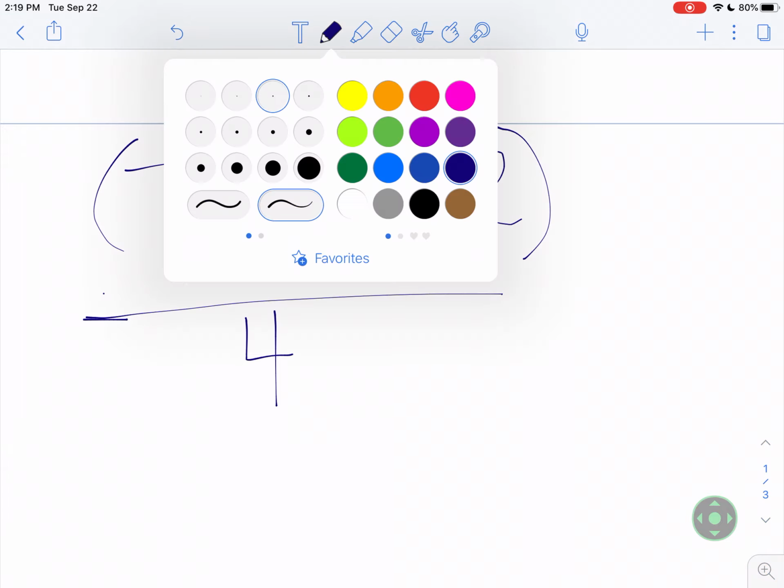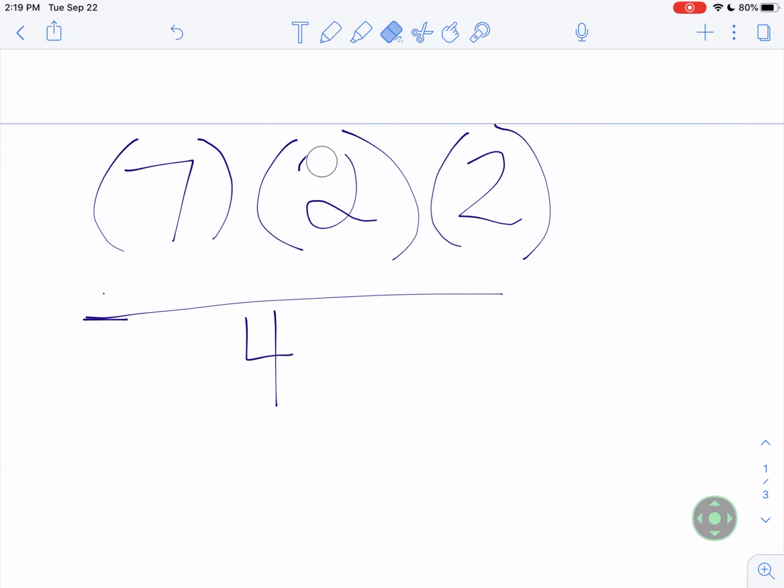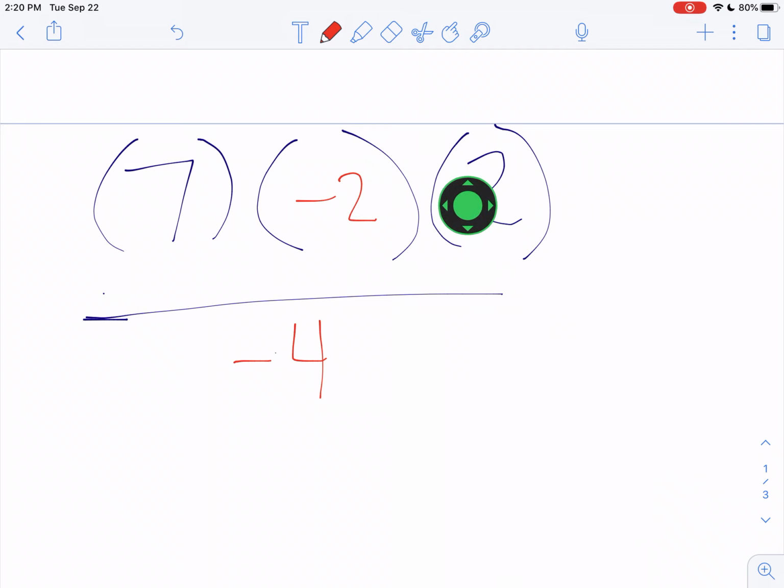We're going to make a couple of them negative. So I'm going to make this one into a negative 2. And this one at the bottom I will make into a negative 4. And I've put my color coding in there as well. So on the top, the brackets here mean multiply. The line here, the fraction symbol, means divide.